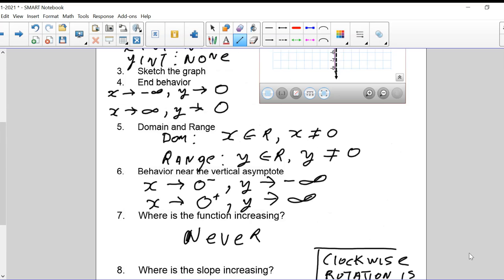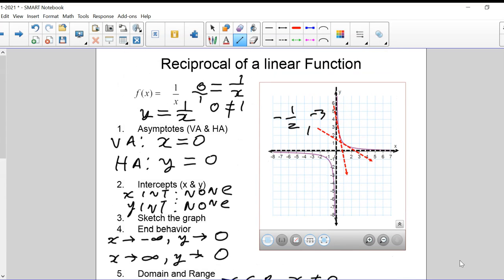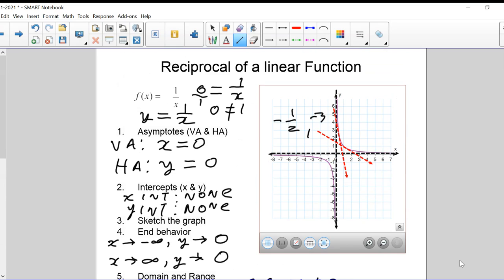So where is the slope increasing? And I can demonstrate that to you in a minute as to why that is. It's similar to what we said on the other side. You have a very steep line first, and you have a less steep line. So it's like going from a -3 to a -0.5, a flatter negative. In this case, it's actually increasing.